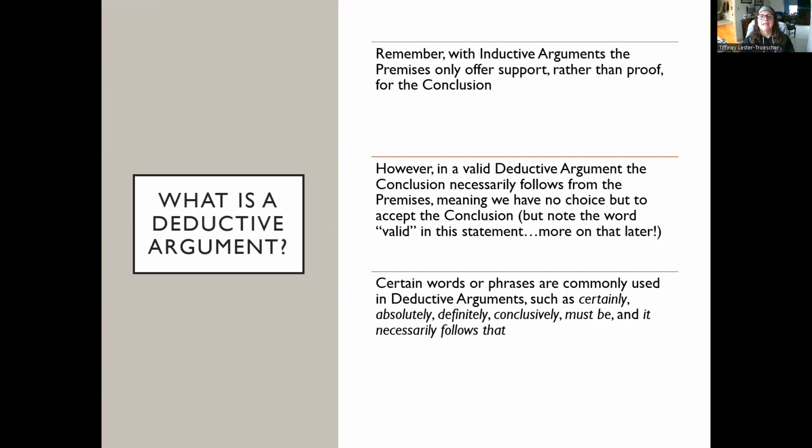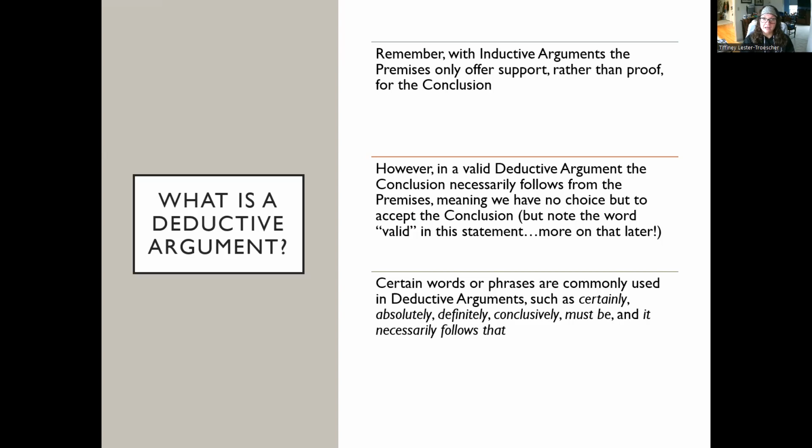However, in a deductive argument, the conclusion necessarily follows from the premises, meaning we have no choice but to accept the conclusion, right? So that is for a valid deductive argument. If it is a valid deductive argument, we really have no choice but to accept the conclusion as true. And that's kind of what Sherlock was hinting at.